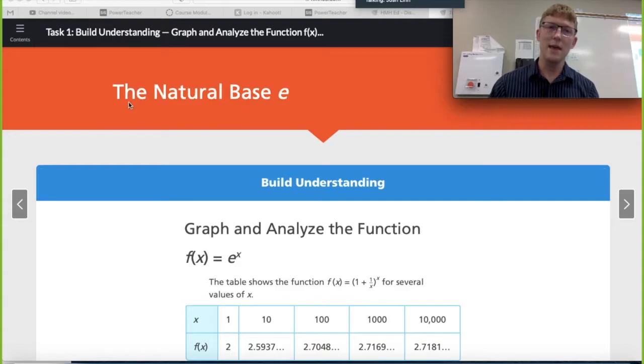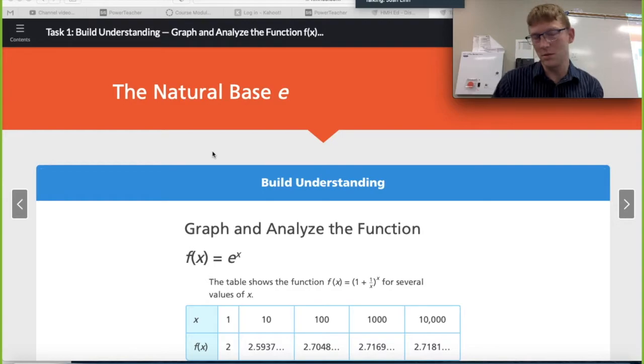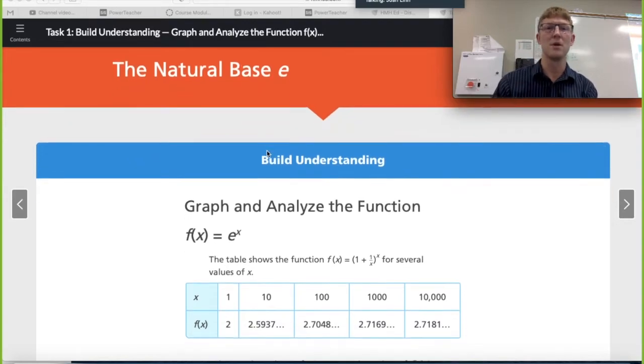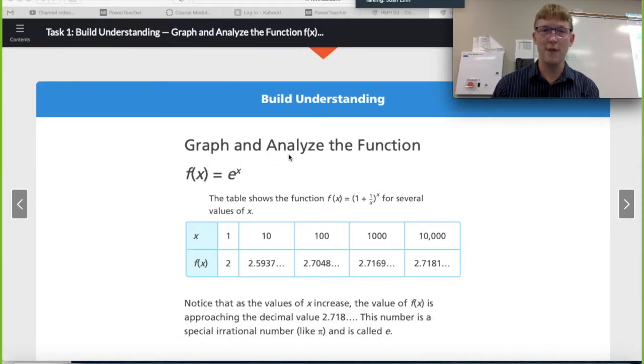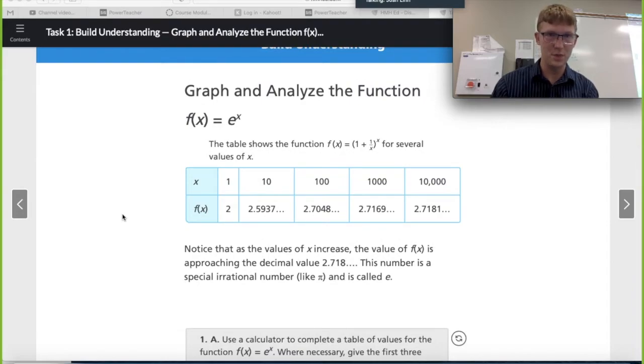Even if you don't particularly see how e is useful in your life right now, know that it's something you will definitely be using, especially if you go into a STEM career field. If you don't go into a STEM career field, you may still see e in things like college algebra, but you're not going to need it in your day-to-day life. So anyway, we're going to graph and analyze the function f of x equals e to the x. They have this cute little chart here for us.